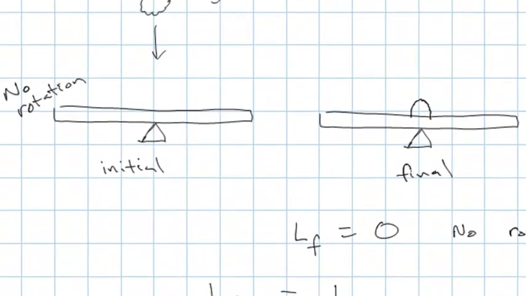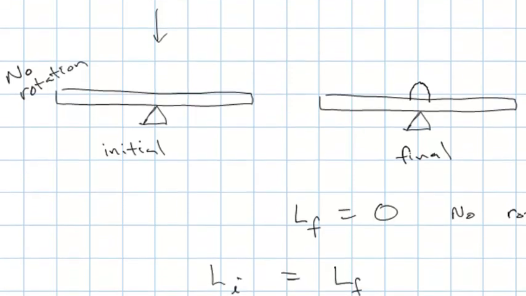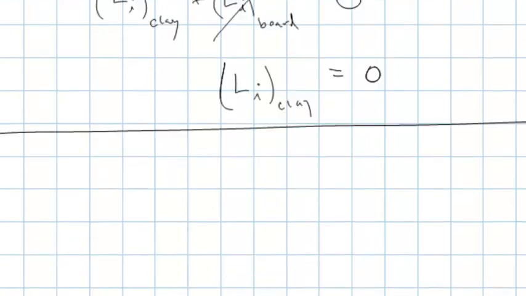And you might think, well, it's just a point mass. We're treating the clay as a small lump. It's just basically a point mass moving in a straight line. It's dropping straight down to the board. How could it have angular momentum? This makes perfect sense. But before you get too comfortable with that, let's look at it again.